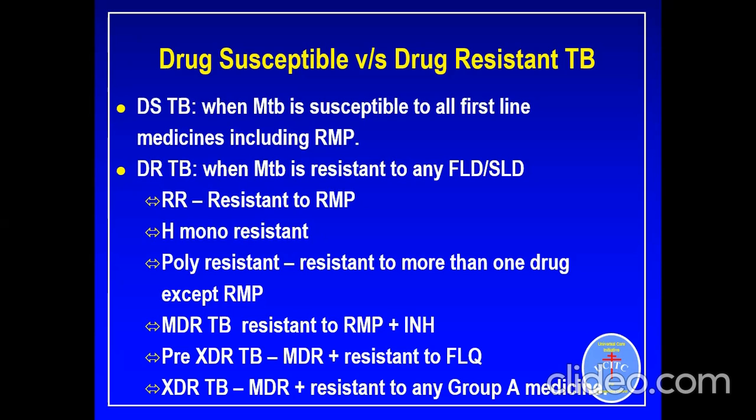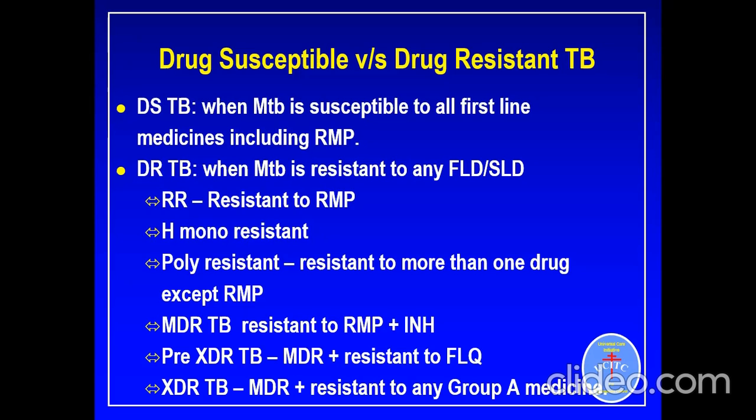Then there is MDR-TB, which is resistant to rifampicin and INH. And the latest WHO guidelines have reclassified pre-XDR tuberculosis as MDR plus resistant to fluoroquinolone. Initially, it was MDR plus resistant to either fluoroquinolone or a second-line injectable, but now it is resistant to fluoroquinolone.